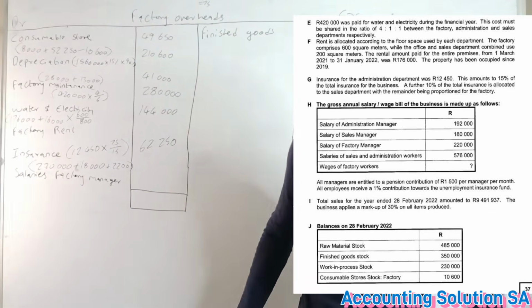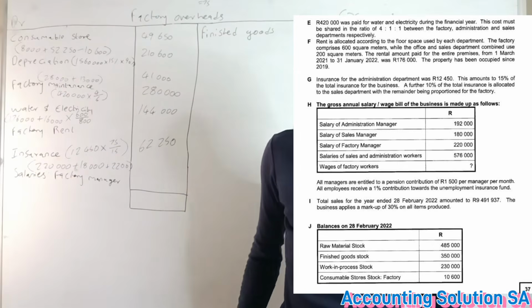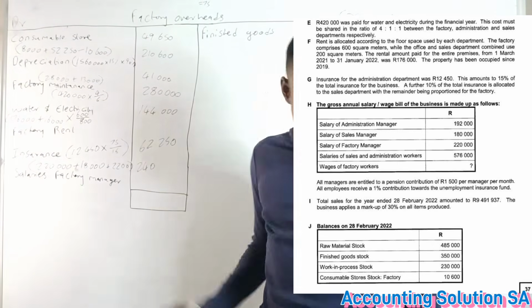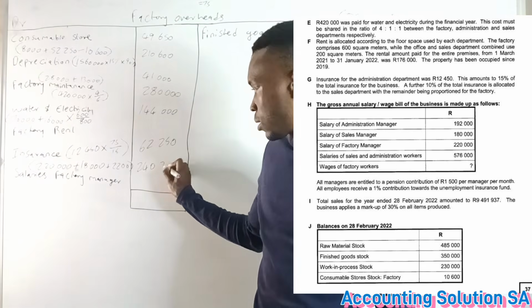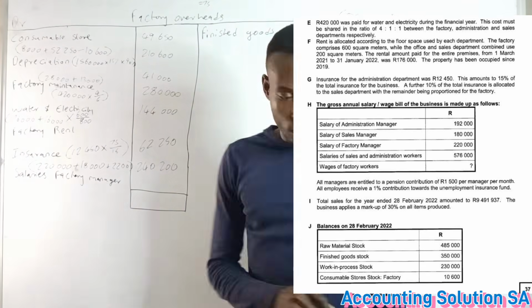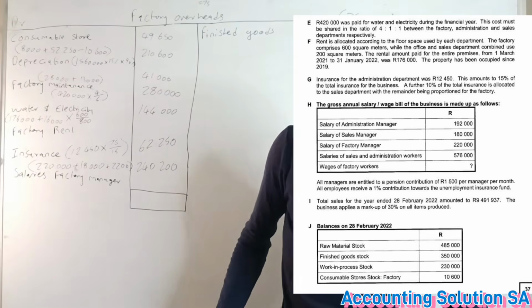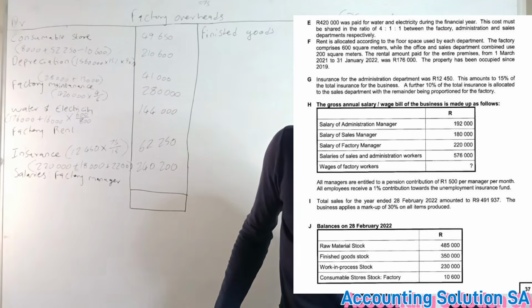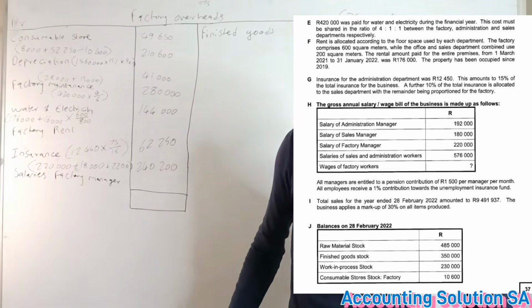Then after that you will get an amount of 240,200. All right, then let's check if we have any other omitted. Okay, we record all of them.